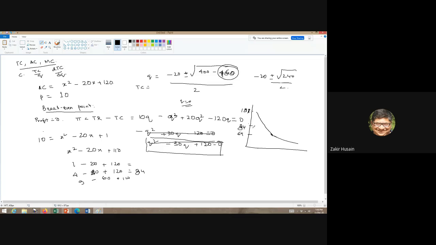And your price is constant at 10. So ideally, your price is 10. In this case, this is the break-even point. Okay. Which is the profit-making zone?